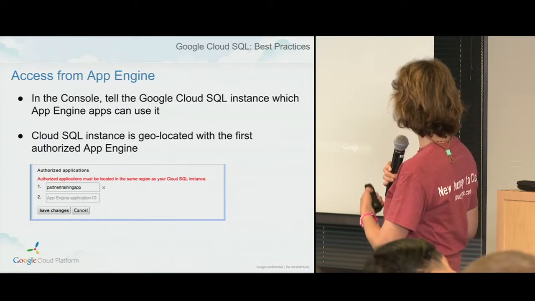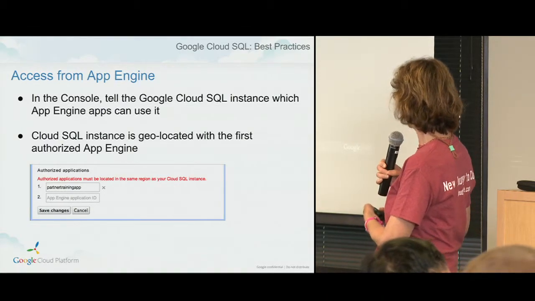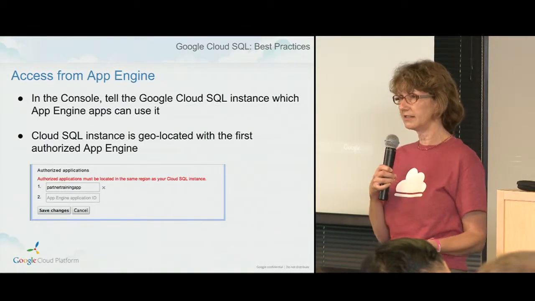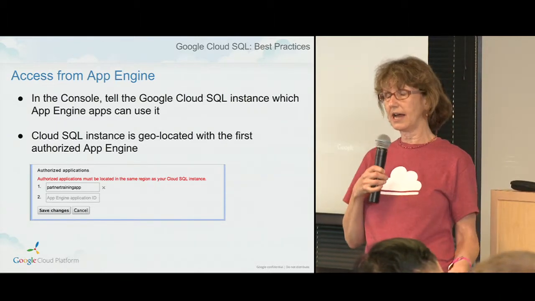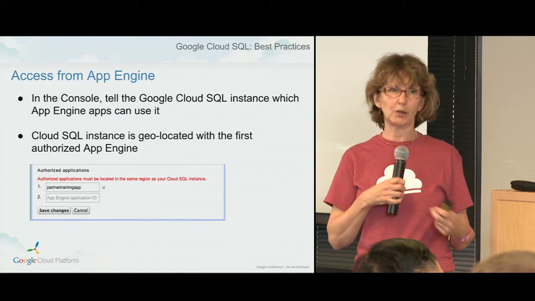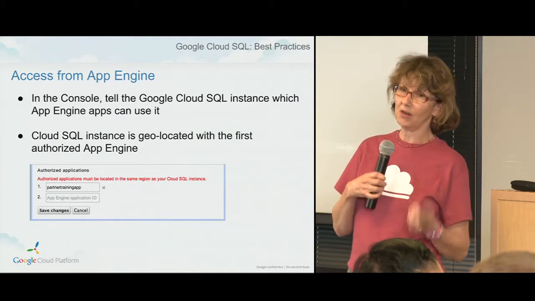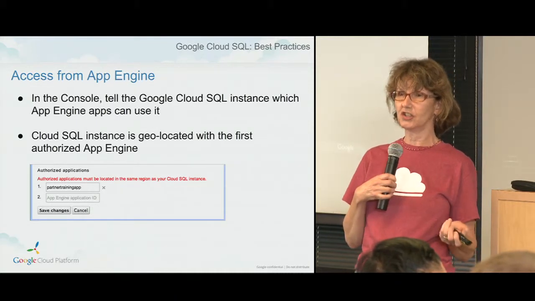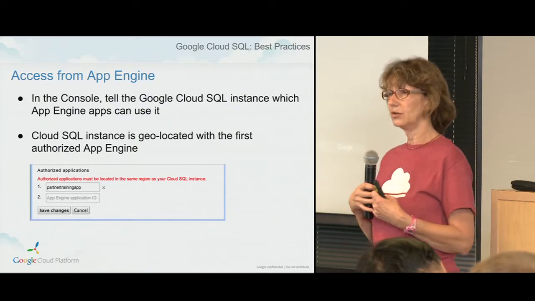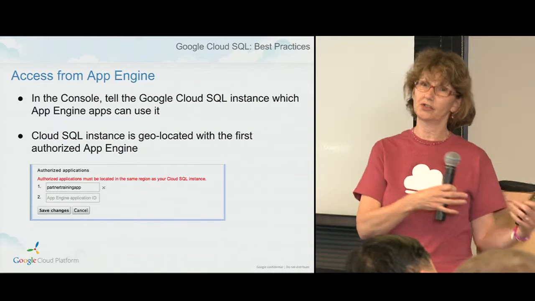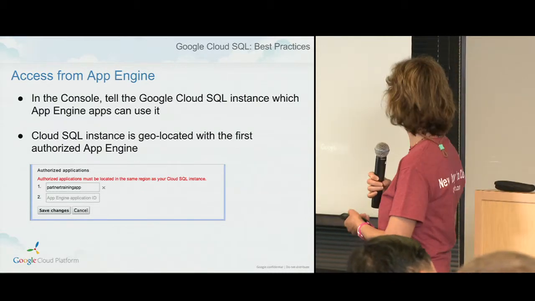And if you create your Cloud SQL instance and you don't authorize an App Engine application, that's perfectly fine. But if later you come back and you authorize an App Engine application to use it, if those two aren't close together already, your Cloud SQL instance will be moved to join the application.